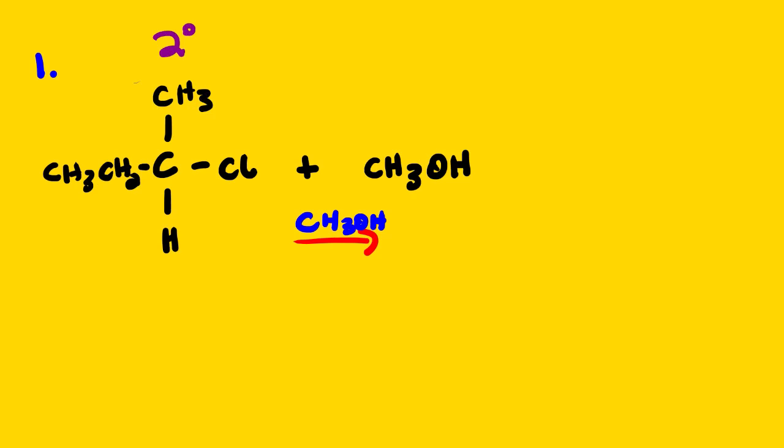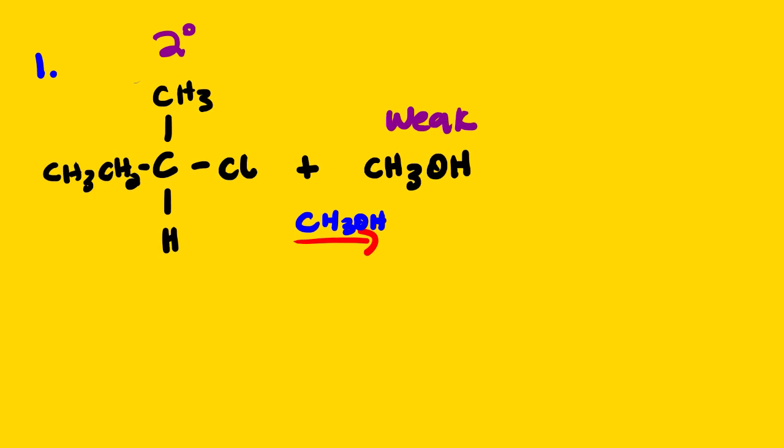Second step, we look at the nucleophile. Remember that for it to be a strong nucleophile, it must have a negative charge. In this case, you can see that we have a neutral nucleophile, so it makes it a weak nucleophile. Looking at the solvent, we can see this is a polar protic.